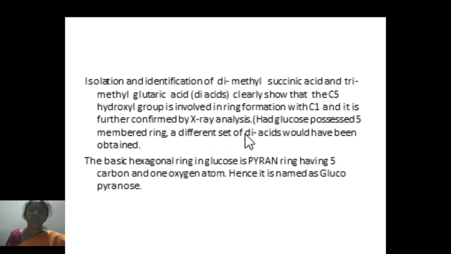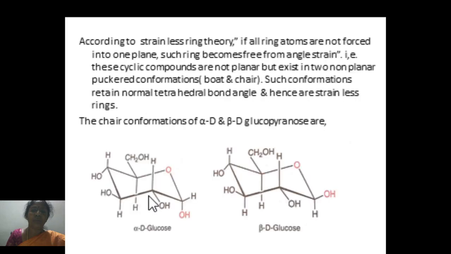Suppose if this were to be a 5-membered ring, it would have given rise to some other set of diacids. So from this fact it is evident that glucose contains a hexagonal 6-membered ring where oxygen is the hetero atom, and this is the pyran structure having 5 carbon atoms and an oxygen atom. So it is therefore named as glucopyranose.